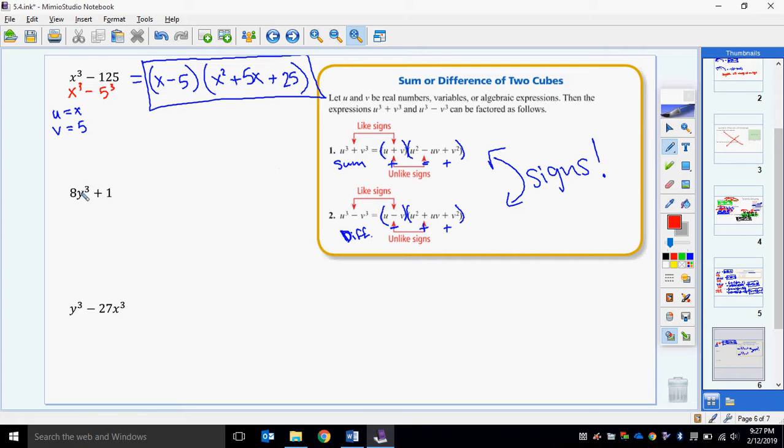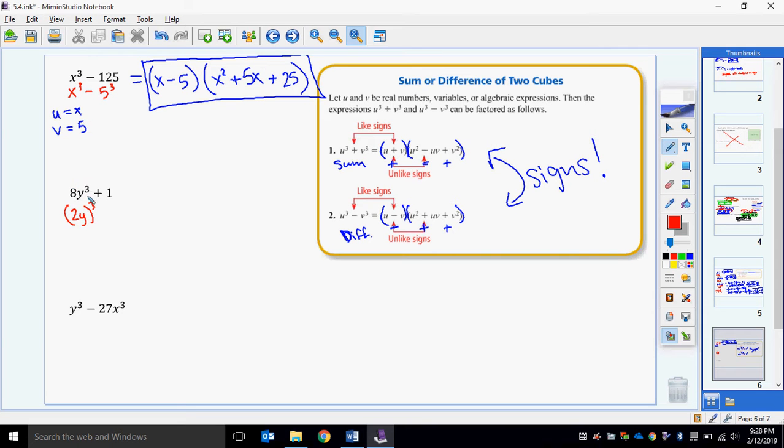Next one is 8y cubed plus 1. How is this a sum of cubes? Well, 8 itself is a cube, y is cubed, and 1 is actually a cube, right? 2 cubed is 8, and if I cube the y, I'd get y to the third power.